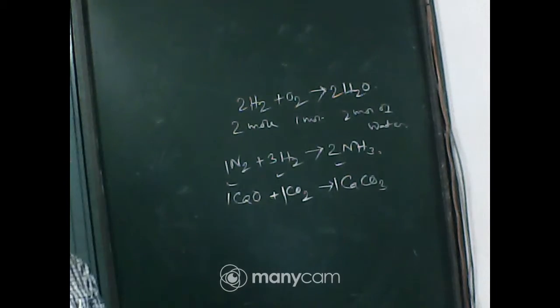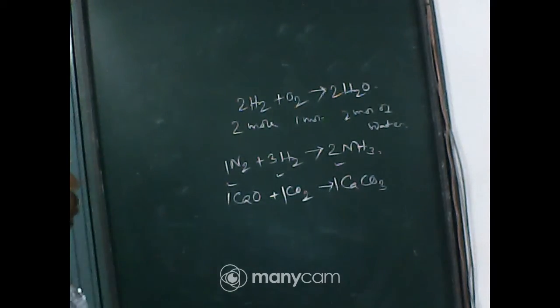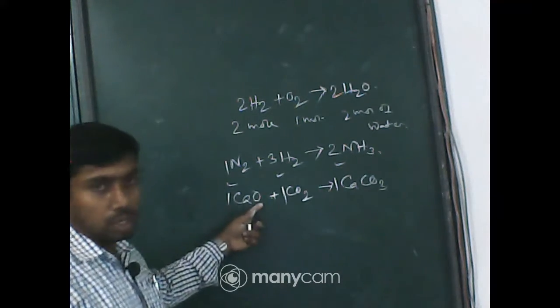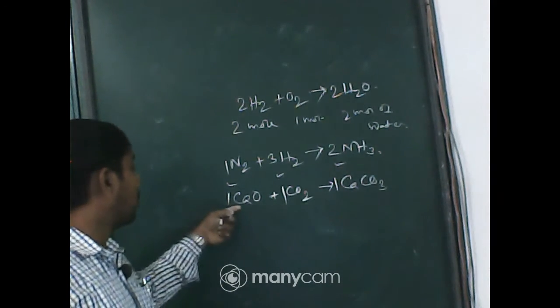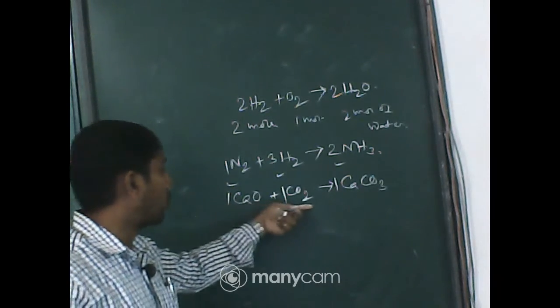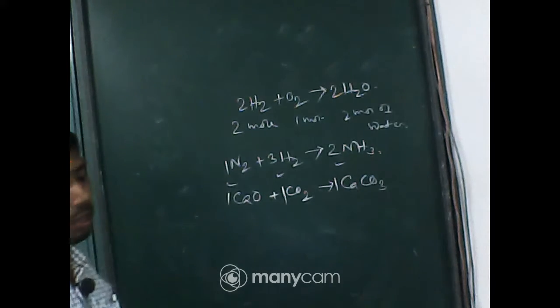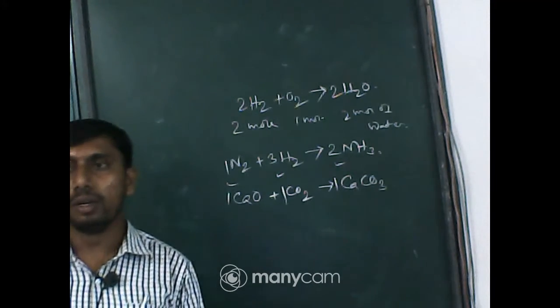You need not balance, but if you can do it, fine. It is not essential here: 1 mole calcium oxide, 1 mole carbon dioxide forming 1 mole calcium carbonate. Clear? This is about the mole fraction, that is the mole. Now for gases I told you the same temperature and pressure.